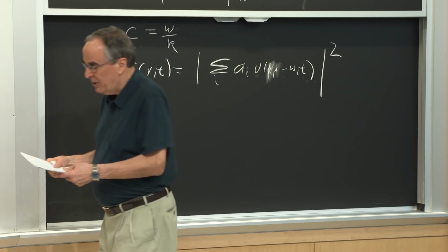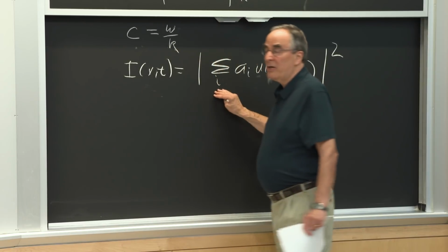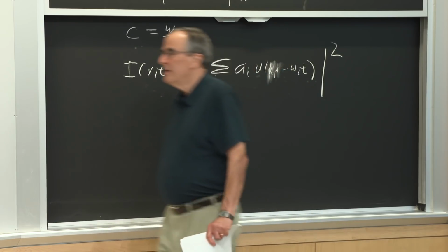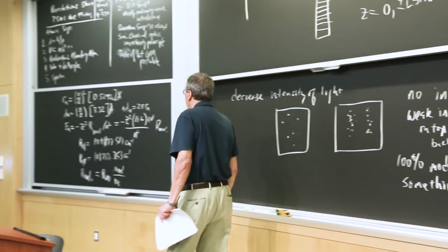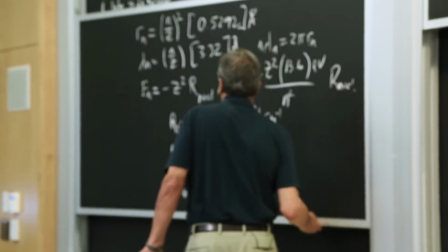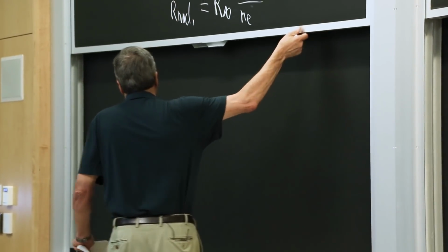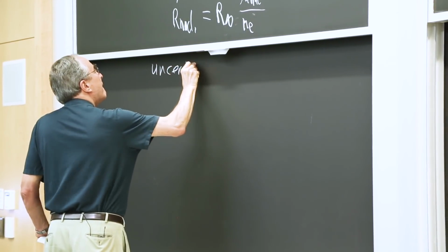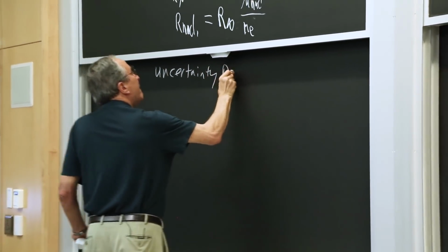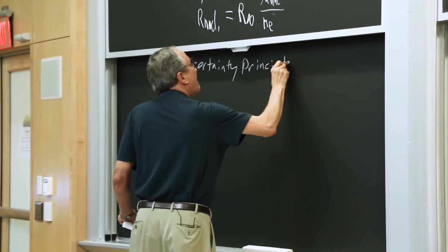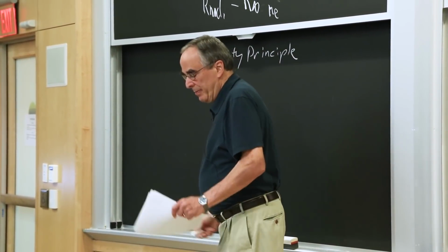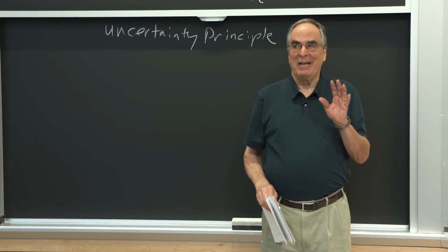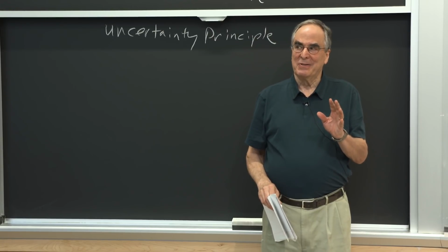Okay. All right. So this is sort of a taste of what you're going to be doing, but now let's produce a form of the uncertainty principle. Now, you've heard about the uncertainty principle, and it's a very important part of quantum mechanics.